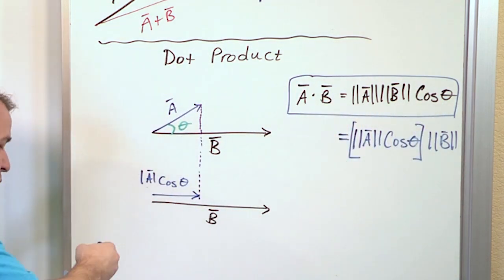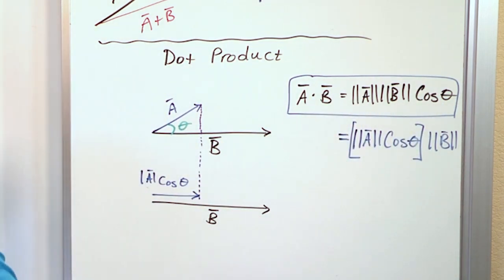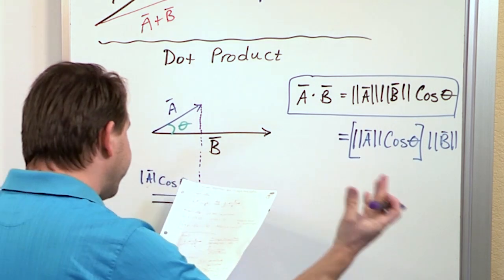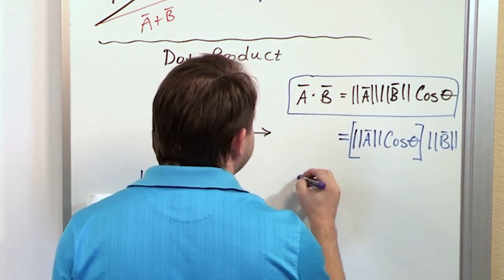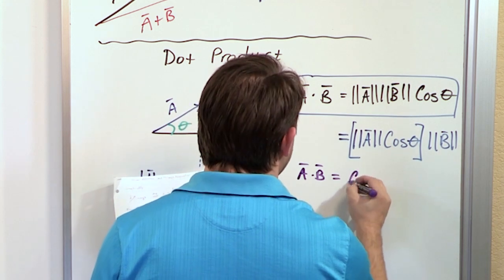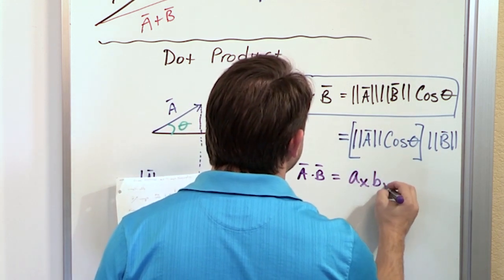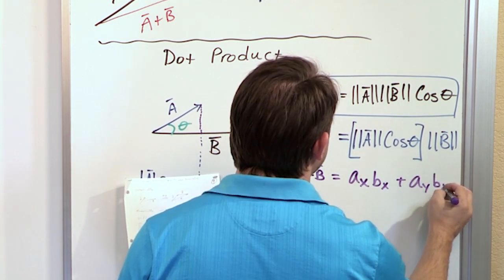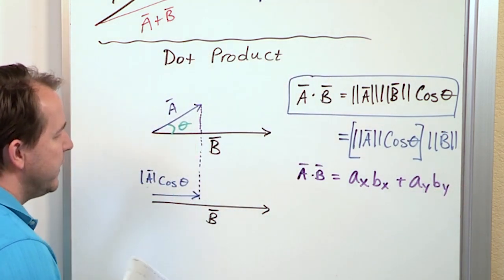All right. Now, of course, I'll circle back and remind you that we have also been calculating A dot B in terms of components, right? We can say A sub x, B sub x, plus A sub y, B sub y, if it's an xy vector, right?